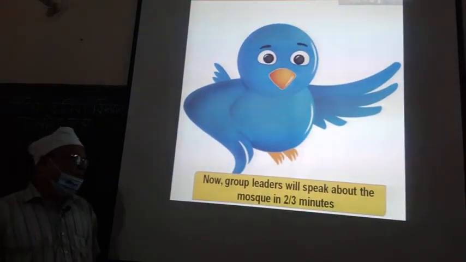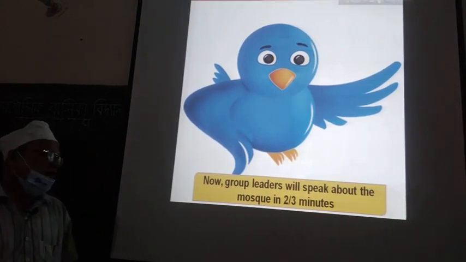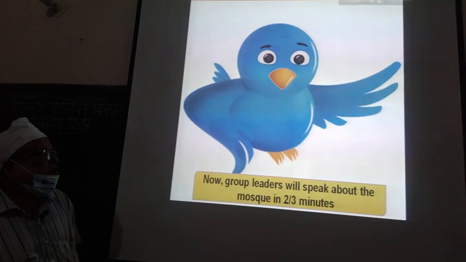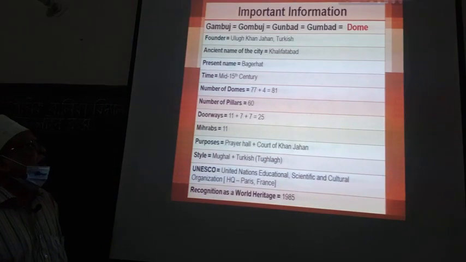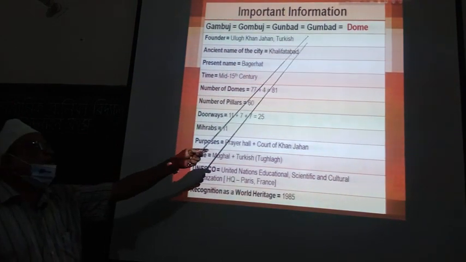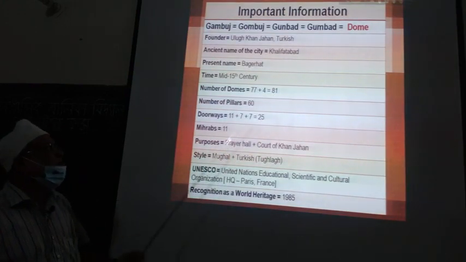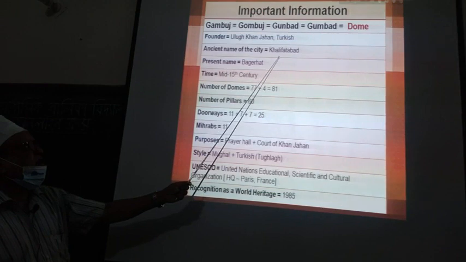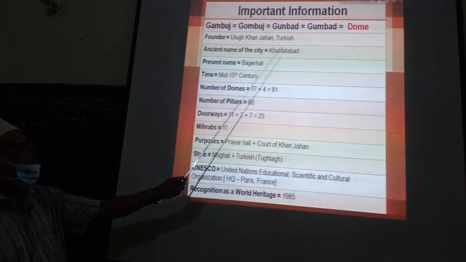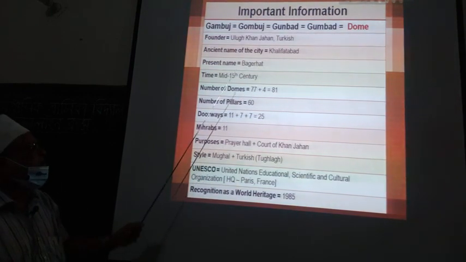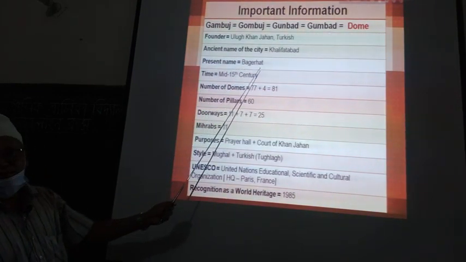Now, the group leader will speak about the mosque in 2 or 3 minutes. Next important information: Shat Gumbaz, Gumbaz, Dome. Ancient name of the city, Khalifatabad. Founder Ullah Khan Jahan, Turkish. Present name Bagerhat.